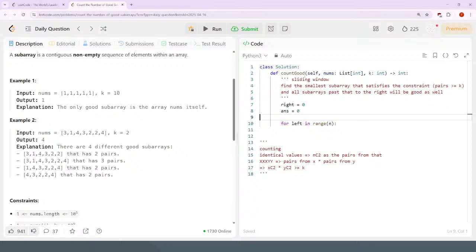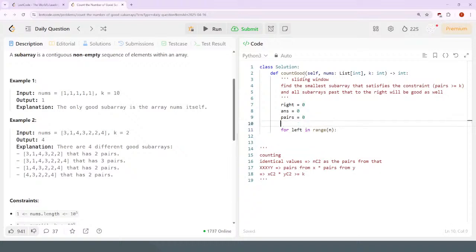Let me think, the counts of stuff. Let's say current count is 0, which is the, I guess you could say pairs. And I guess you need the actual counts of things.